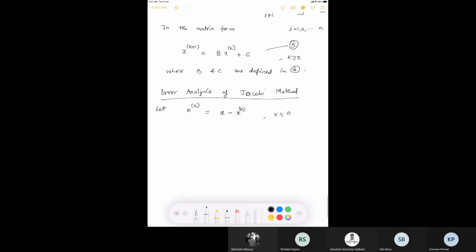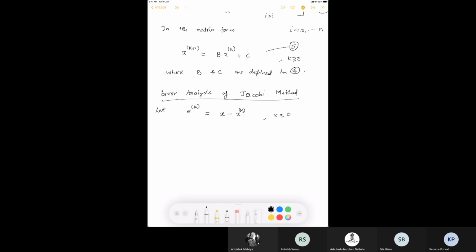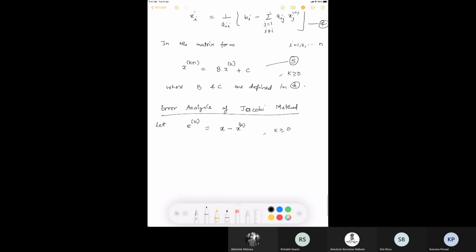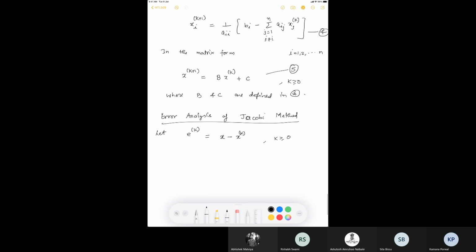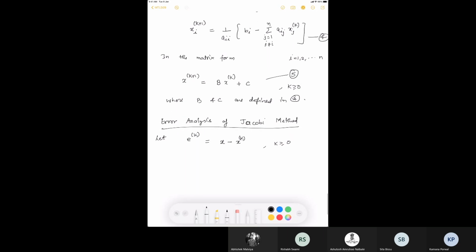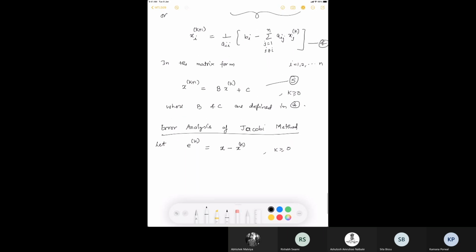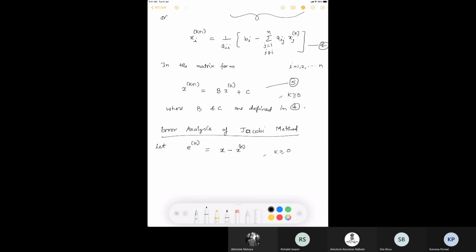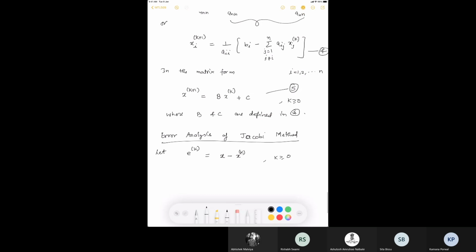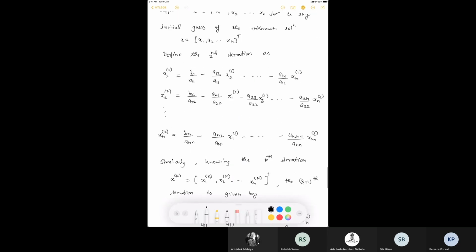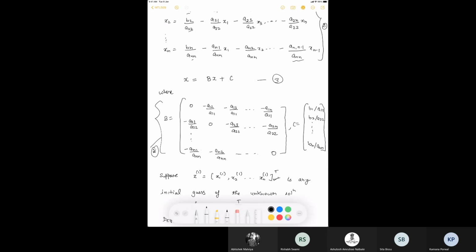Okay, and first we will obtain a relation between ek and ek plus 1, and then we'll try to make some observations from there. So we know that the iterates satisfy this equation 5, right? And my exact solution satisfies this equation 3, right?